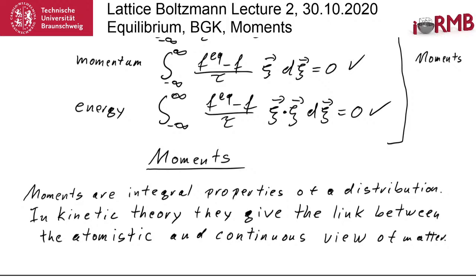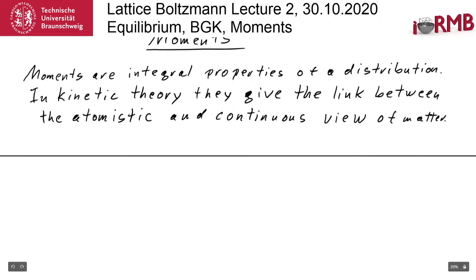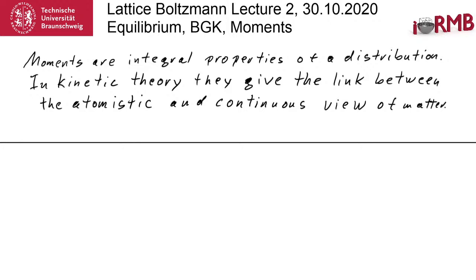So the moments give us what we actually observe in the world: the density, the velocity, and the temperature. These are all moments of a distribution of molecules. They are therefore very important to understand in kinetic theory, because otherwise we're not getting our information out of our simulation.